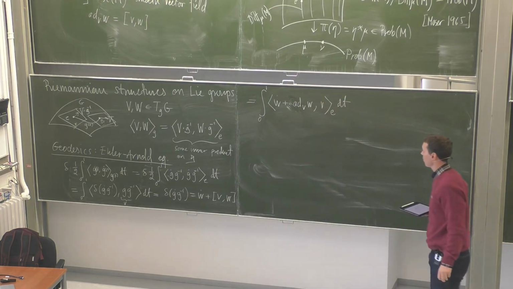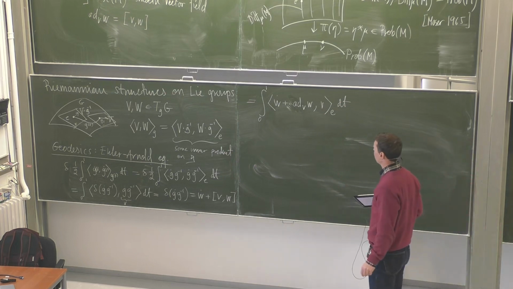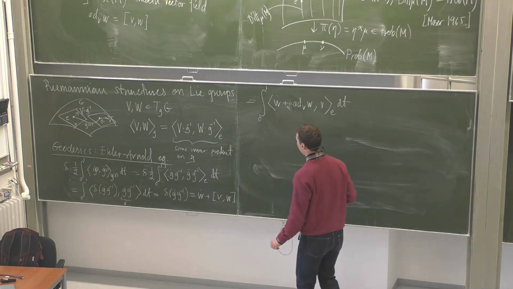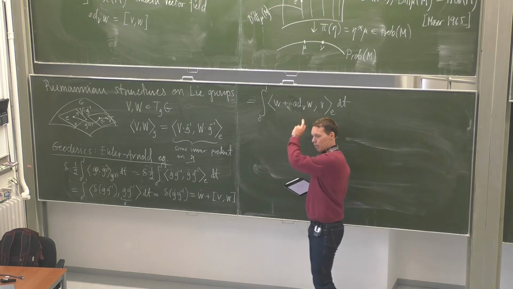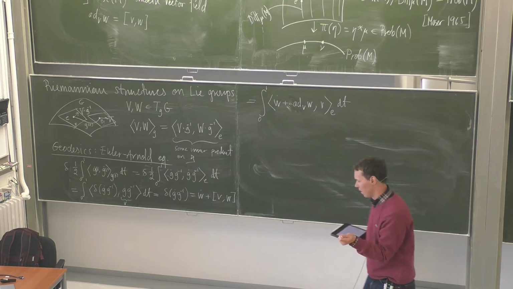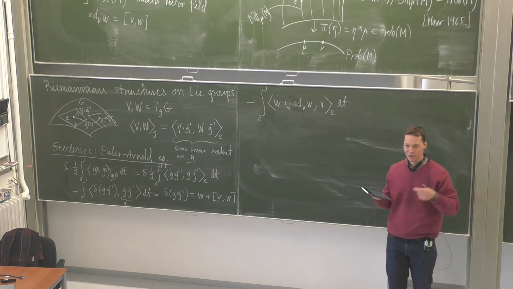Okay. Now, what do I want to do? Well, I want to isolate W, the variation was generated by W, remember? I want to isolate the W and use the fundamental lemma of calculus of variations to get an equation.